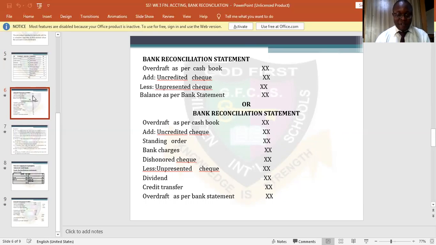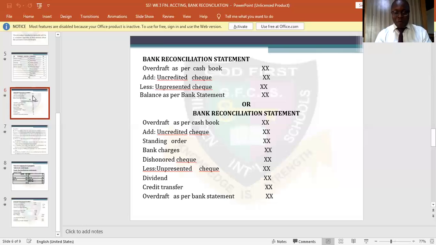But for this type of account, you add this uncredited check. Then you less unpresented check. These are the checks that are yet to be presented to the bank. So you less it. If it's balance as per cash book, then you add.